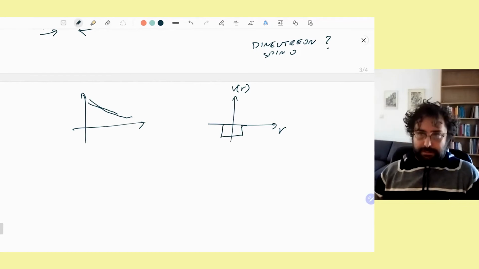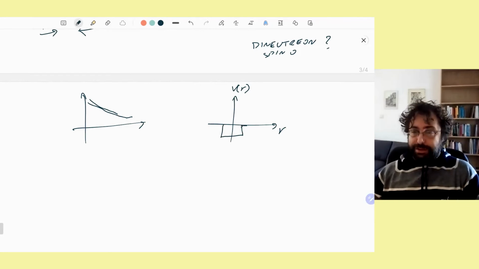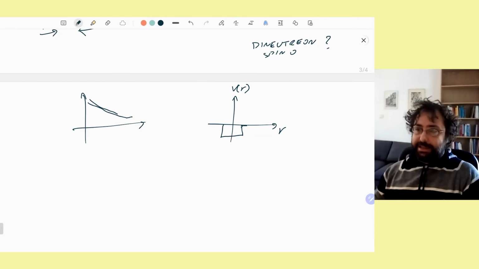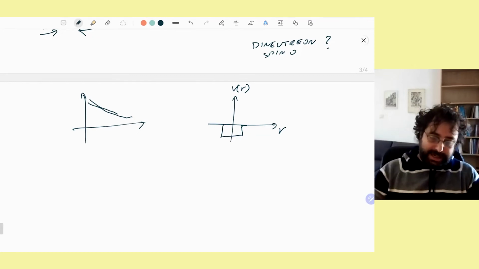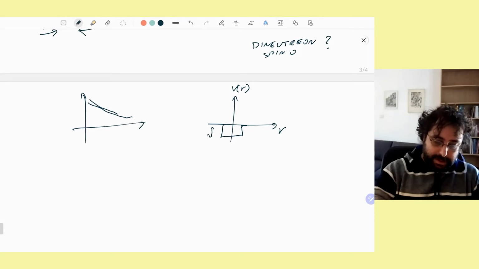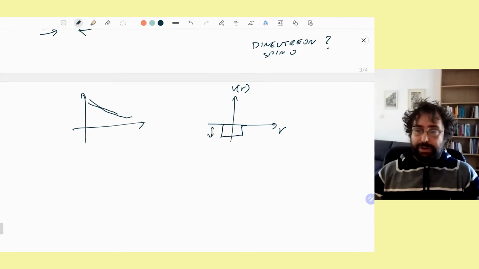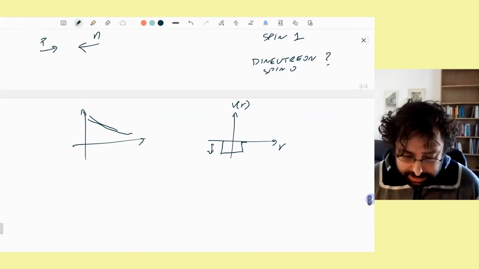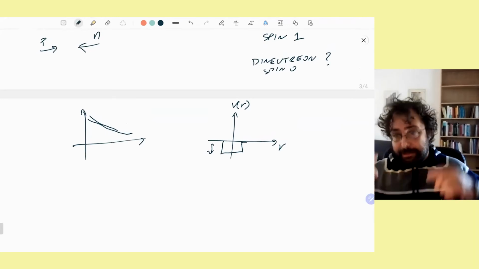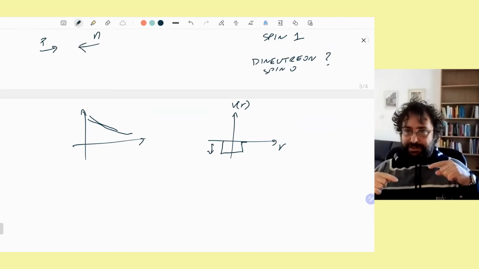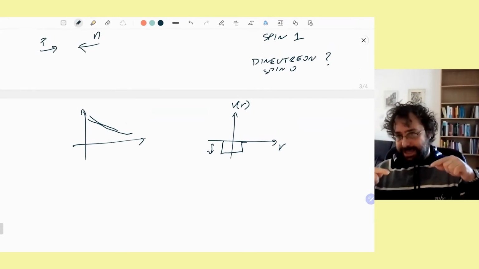And well, I mean, you know that you can solve the square well in quantum mechanics. The interesting thing is that in 3 dimensions, there is a minimum depth that you need to have in order to have a bound state. Okay, so you can imagine that for the deuteron case, the depth is deep enough to have this bound state.